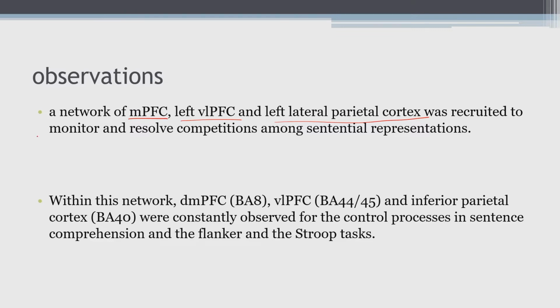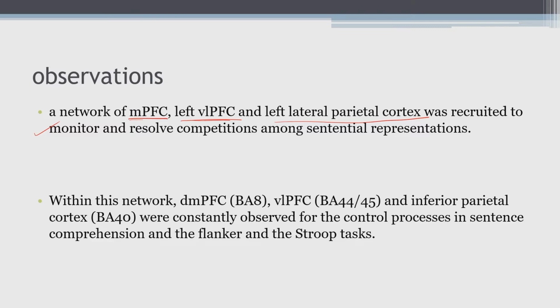So, when they were doing the sentence comprehension task in the condition that was incongruent with real world knowledge, they found these brain regions, which are well known for general purpose cognitive control, to be activated.